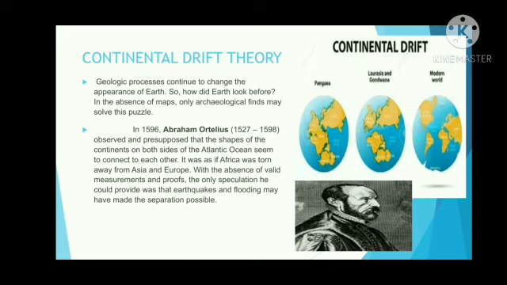The speculation that continents might have drifted was first put forward by Abraham Ortelius. In the year 1596, cartographer Abraham Ortelius noted that the coastlines of Africa and South America appeared to fit together, compelling him to propose that the continents had once been joined but were pulled apart by earthquakes and floods.